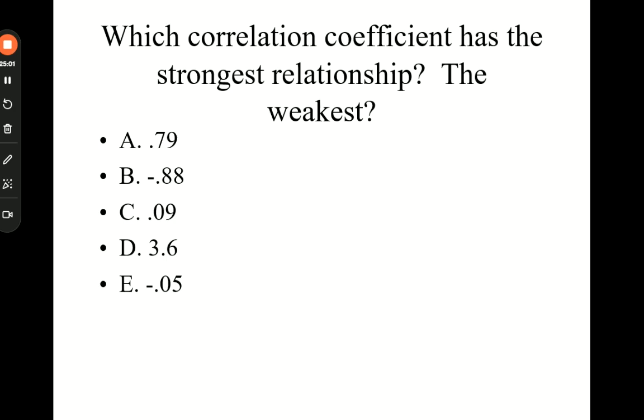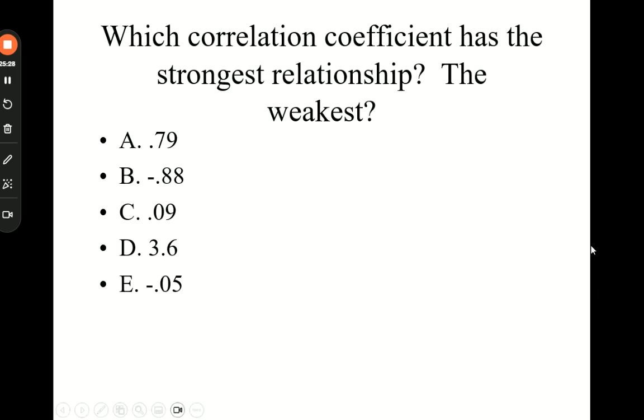So now let me explain something else here. Which one of these is the strongest relationship? The strongest is the one that is the furthest away from zero. It doesn't matter if it's positive or negative, but it has to be less than or equal to positive one, and it has to be greater than or equal to negative one.